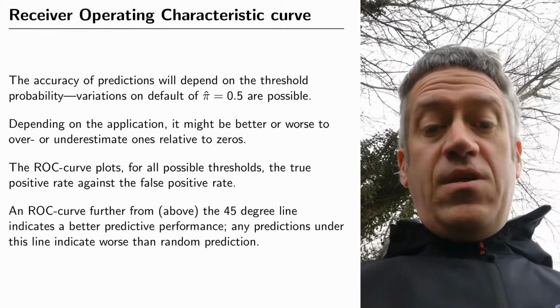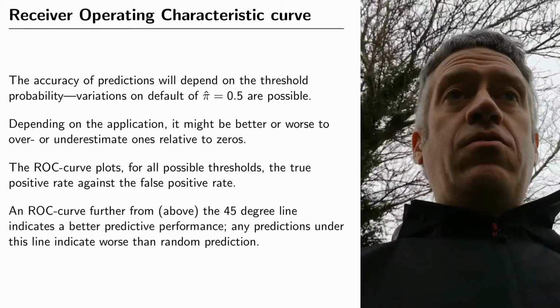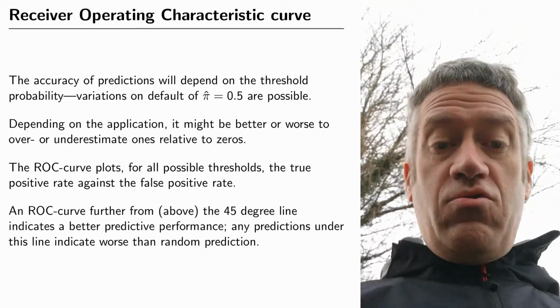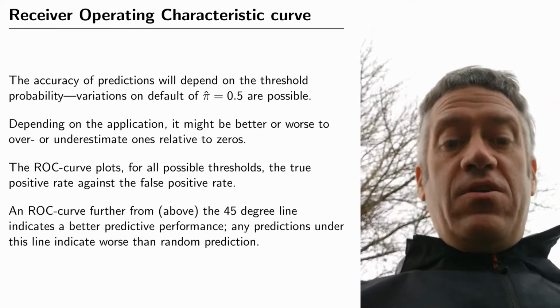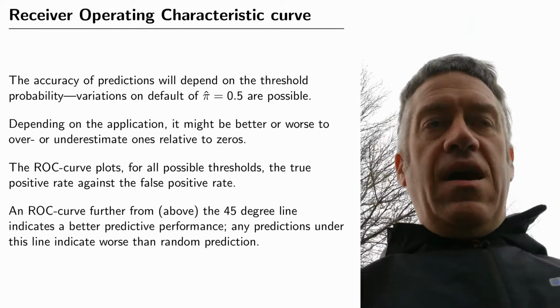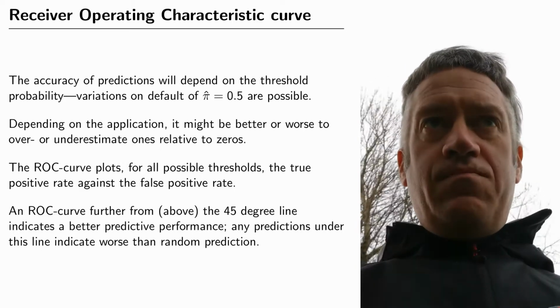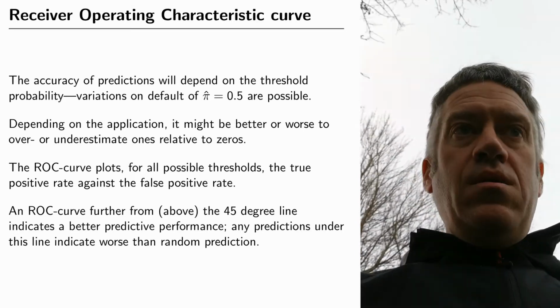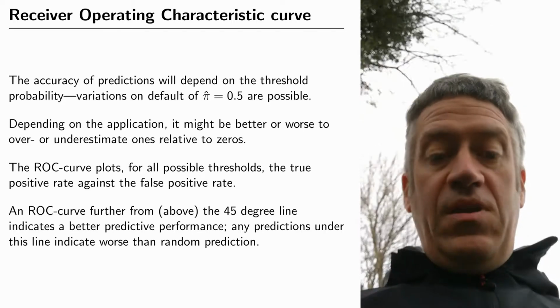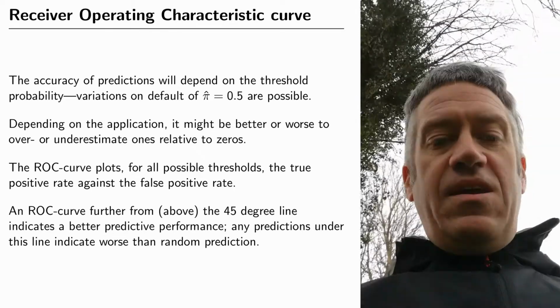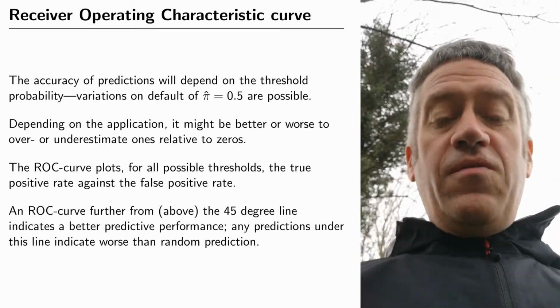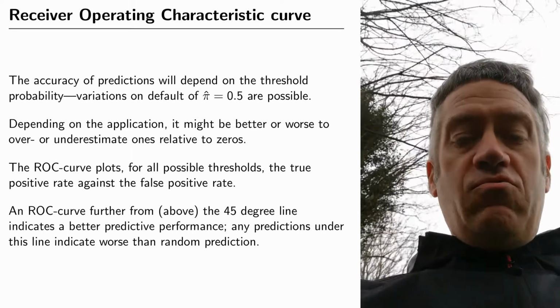One thing that helps is the ROC curve, the receiver operating characteristic curve. This shows you for all the possible threshold values between 0 and 1 how these criteria change. You get a curve, and the simple idea is that there is a 45 degree line, the diagonal through the plot.